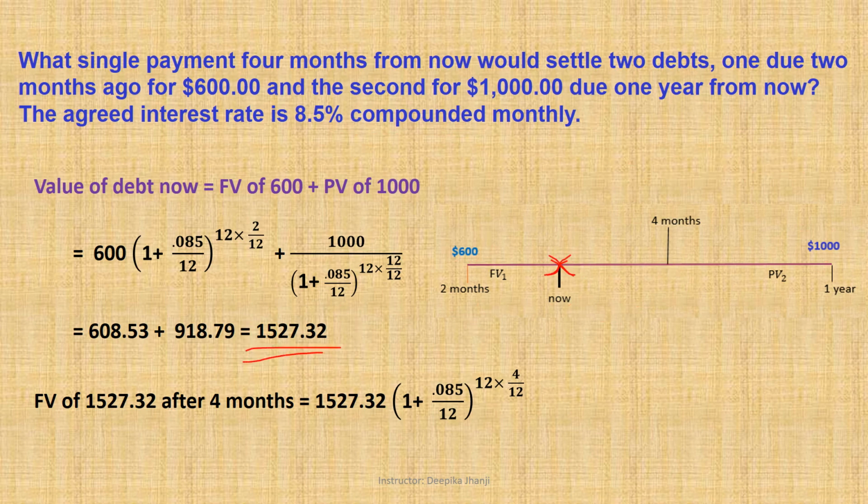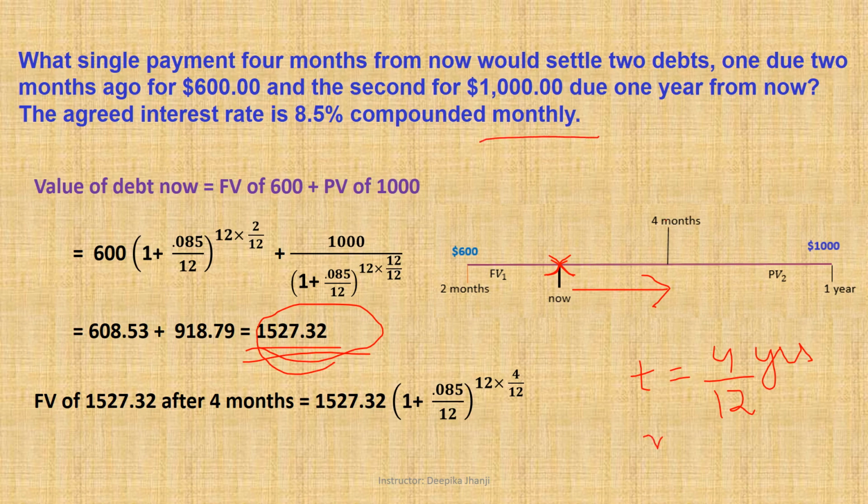Now we want to repay this debt after 4 months, so we'll calculate the future value of this debt after 4 months. So time is 4 months, which is 4 upon 12 in years, because T should always be in years. So T is equal to 4 upon 12. It is compounded monthly, so M is 12.